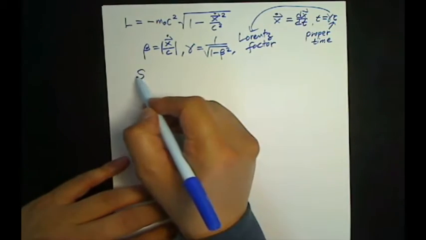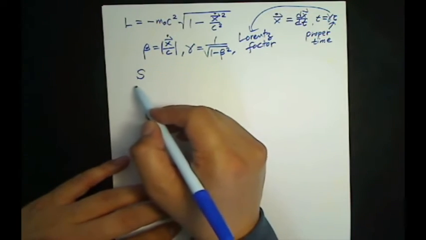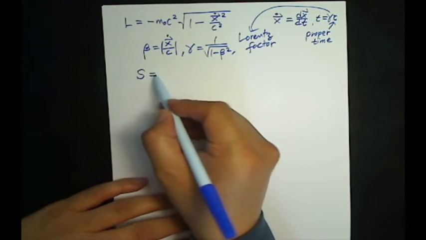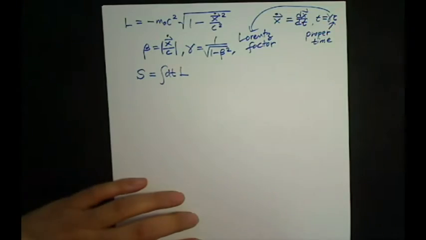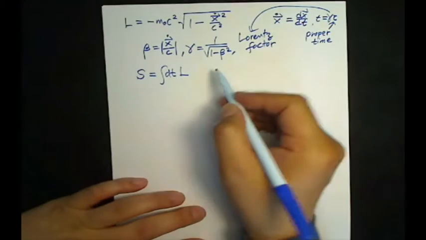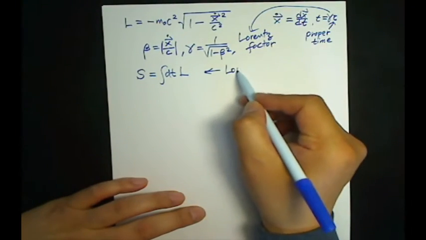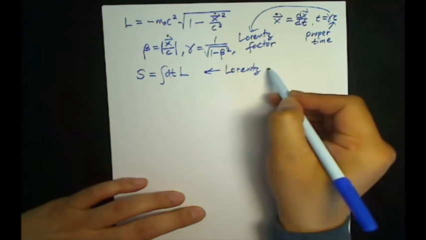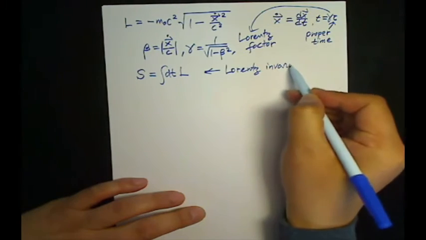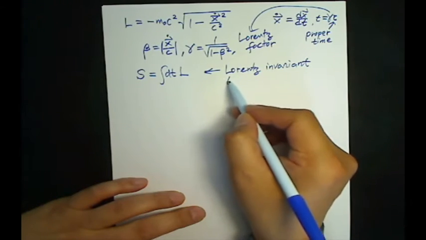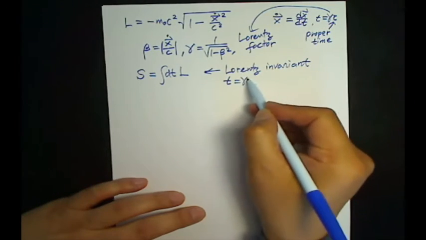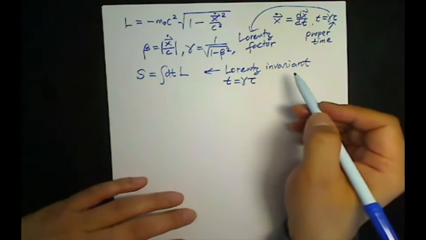And actually, the action must be a Lorentz scalar, and the action is of this form. This should be Lorentz invariant. However, we know that time is dilating with the factor of gamma.